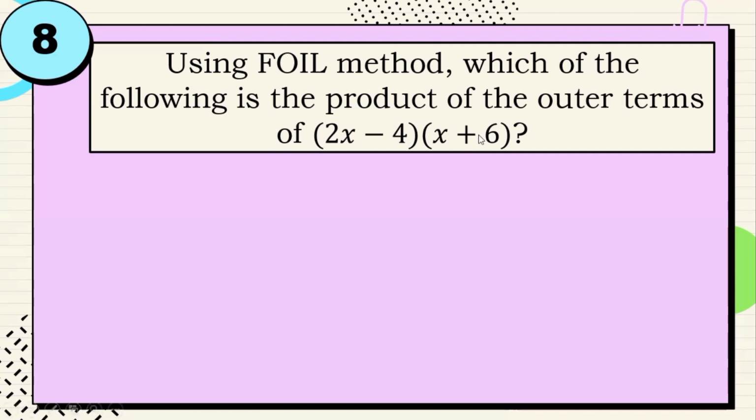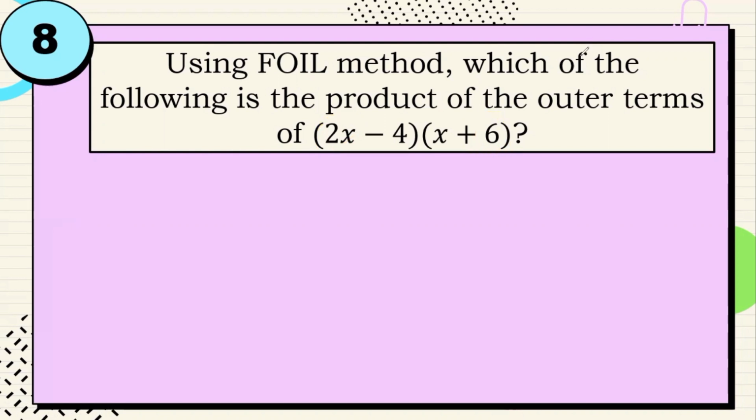Okay? So we try to locate where are the outer terms in the given polynomials. So we have outer terms. Nasa labas, we have 2x at saka positive 6. So you get the product. What's the product now?